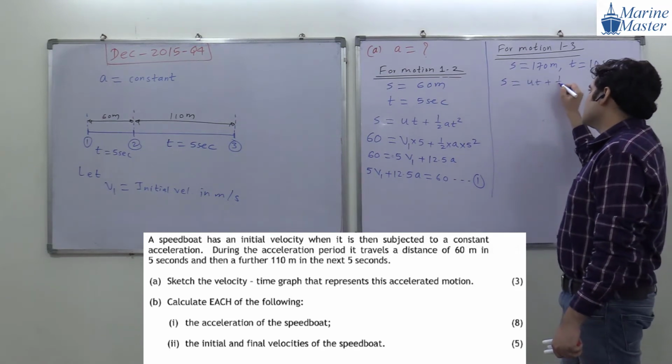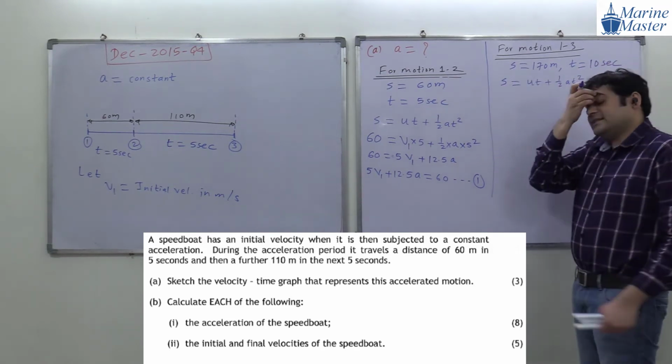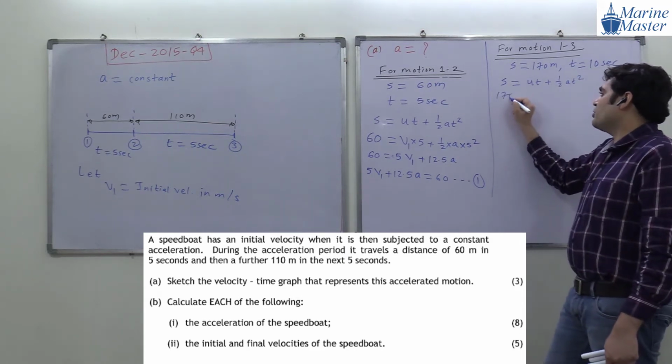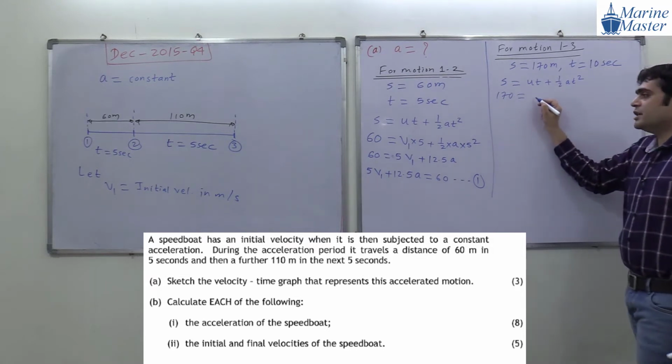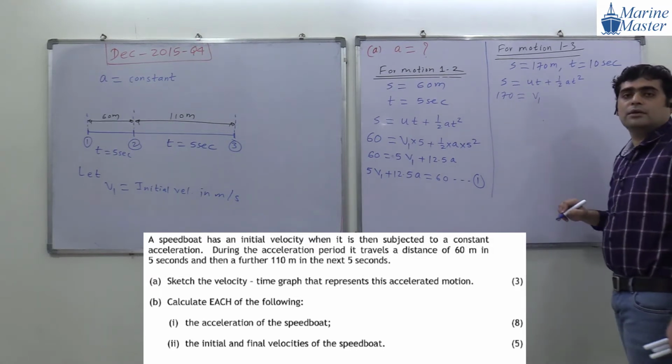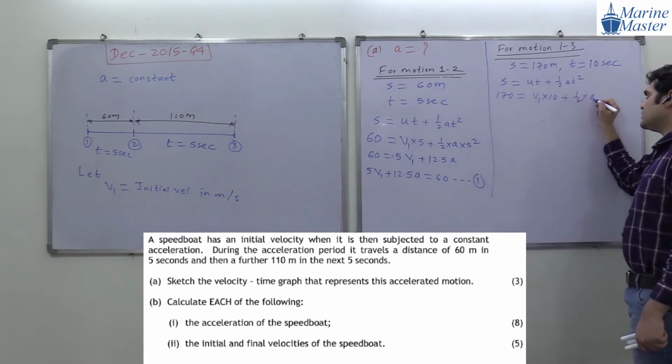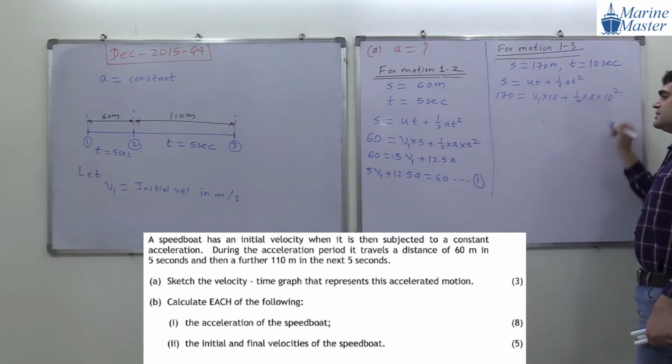Our equation of motion, S is equal to ut plus half at square. S is 170 meters here. Initial velocity we don't know, we assumed v1, into time, 10 seconds, plus half, acceleration we don't know, into t square, 10 square.